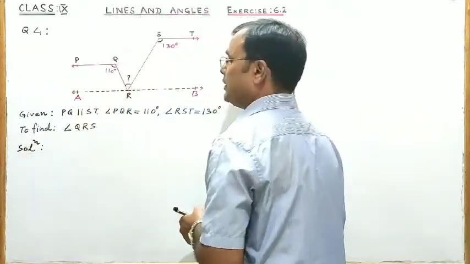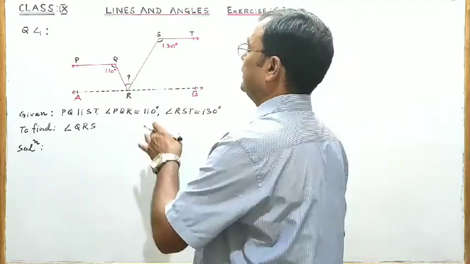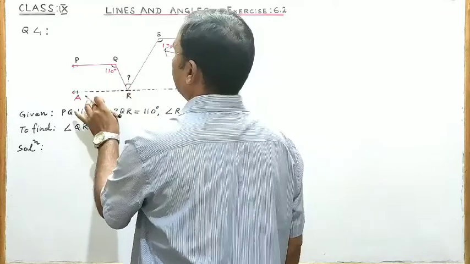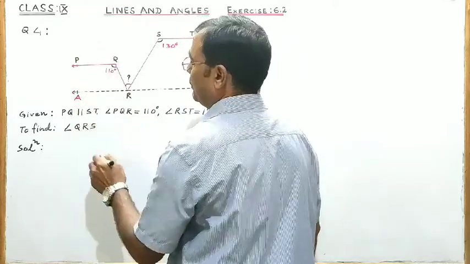To solve this question, let us first construct through this point R a line AB parallel to PQ.